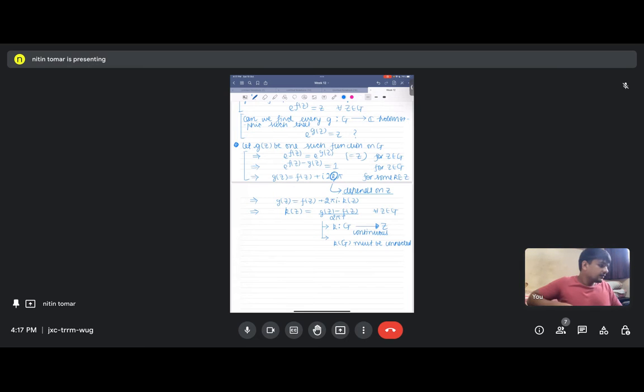Connected in what? Connected in Z, right? Now, what are the connected sets in Z?